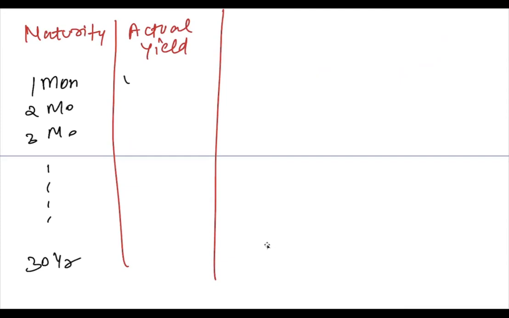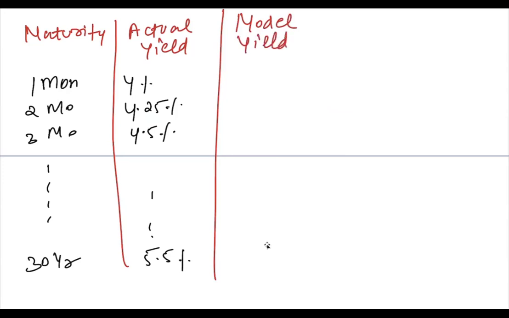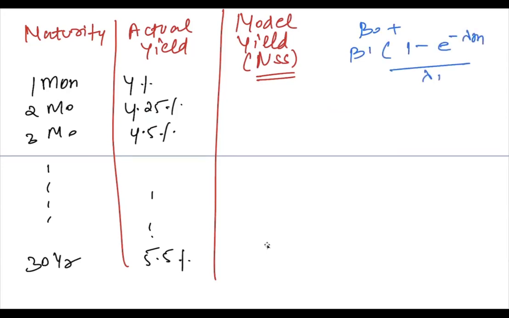Let's say 4%, 4.25%, 4.5%, and up till, let's say, 5.5%. This is the actual yield. This is the market data that we already have. Then we will model the yield using Nelson Siegel Svensson. How will we model? If you all remember the formula that we had, the long formula: beta naught plus beta 1 times 1 minus lambda, if you all remember this formula.